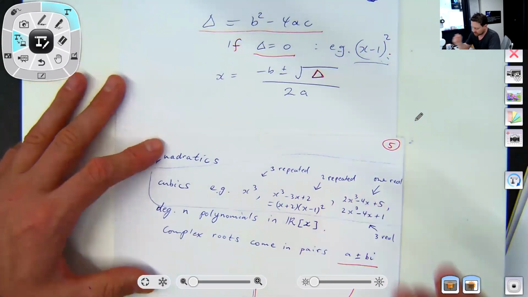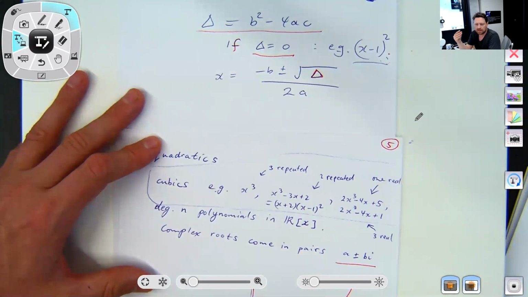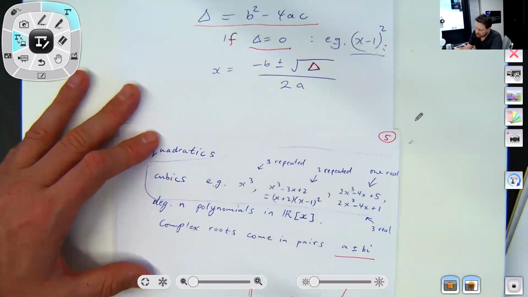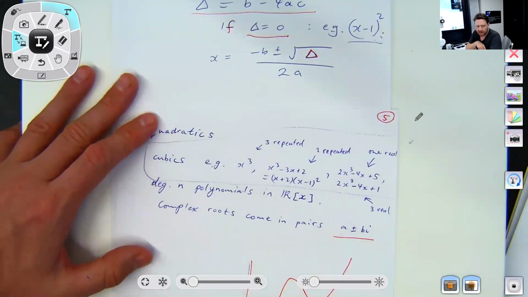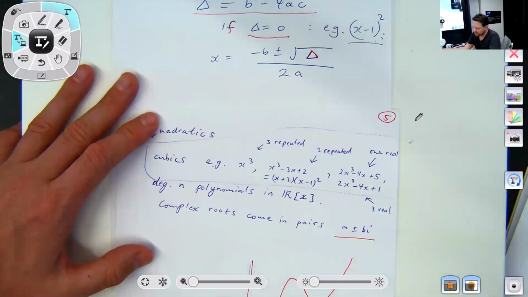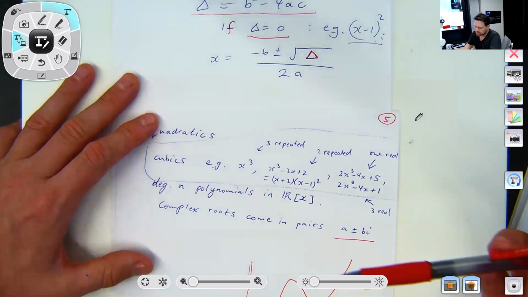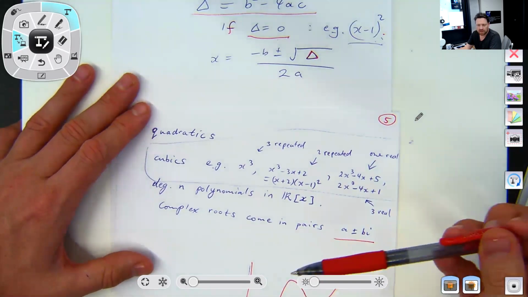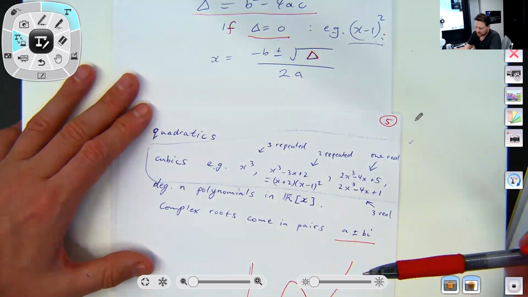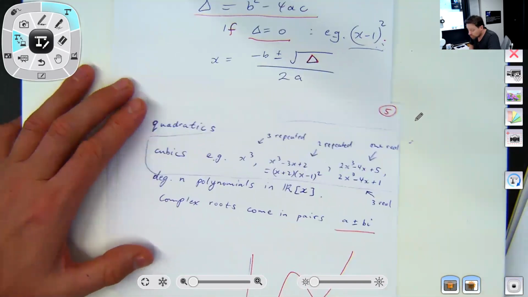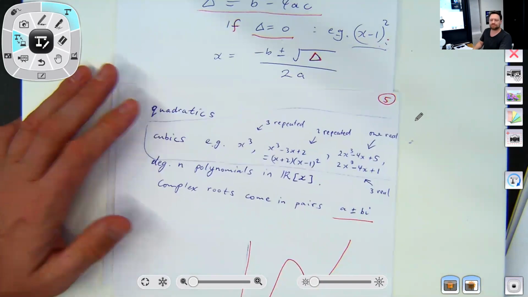Okay, so whenever you have a polynomial that has a complex root that is not real, it comes in a pair, a plus or minus bi. So if you have a plus bi as a root of your polynomial of degree n, then you know that a minus bi is also a root of the same polynomial.